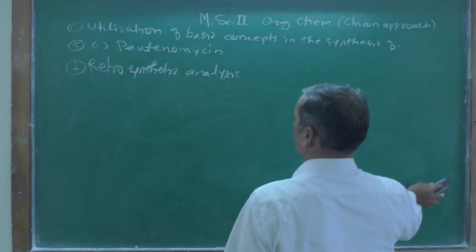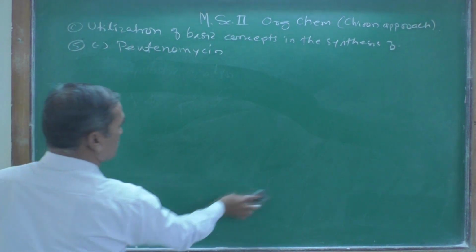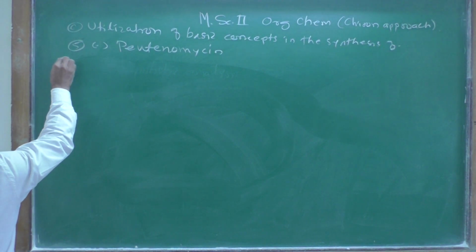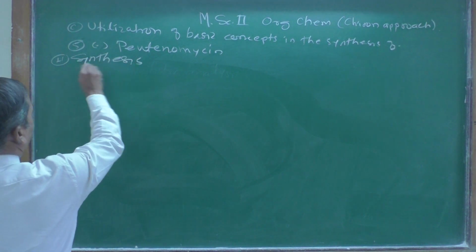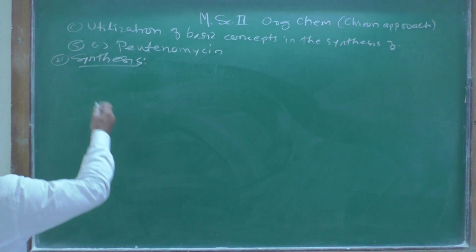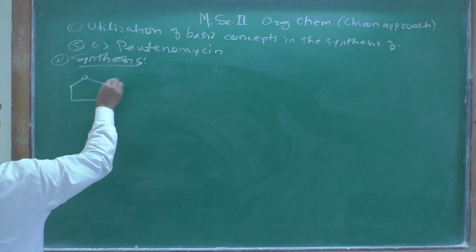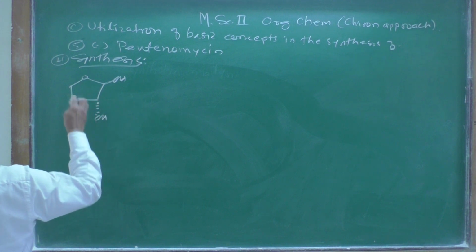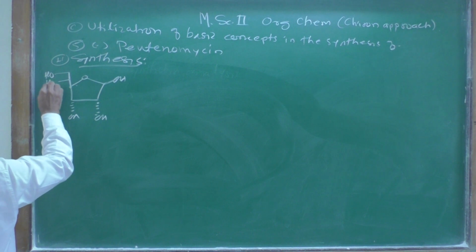That was the retrosynthetic analysis, and now the second part is the synthesis. In the synthesis, take the starting material. As we know, the starting compound we got here is this one: OH, then OH, then OH. This is the starting compound we got, D-arabinose, right?